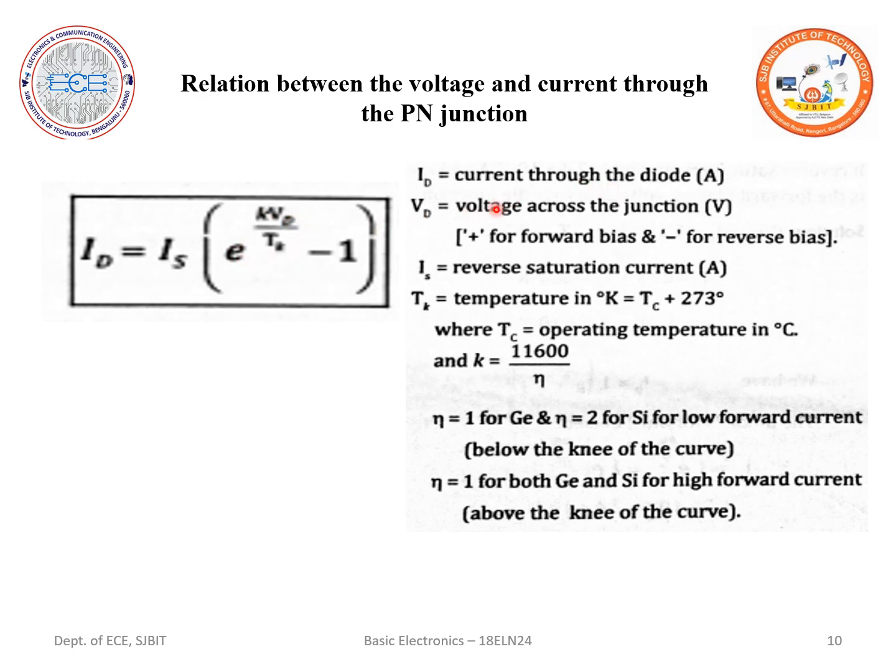Vd is the voltage across the junction, and Is is the reverse saturation current. Tk is the temperature in degrees Kelvin. No matter what the temperature might be, add 273 to it and it becomes degrees Kelvin, and k is given by 11,600 divided by eta, where eta is equal to 1 for germanium and 2 for silicon. So this is the relationship between the voltage and current through the PN junction.